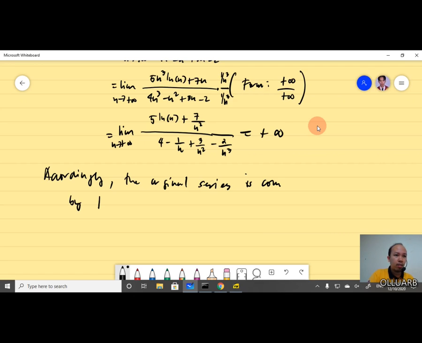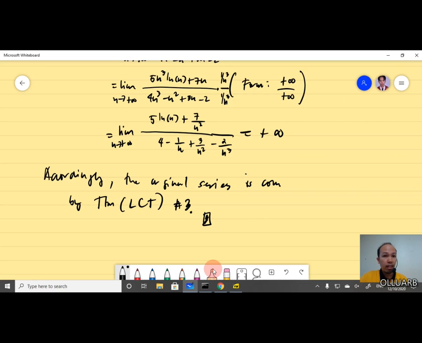By theorem, this is LCT number 3. Okay, we have our b sub n, a divergent series, the harmonic series, which is divergent. So therefore, since the limit is positive infinity, the original series is divergent.